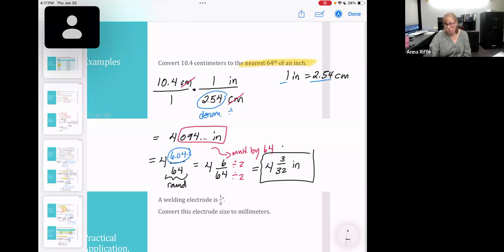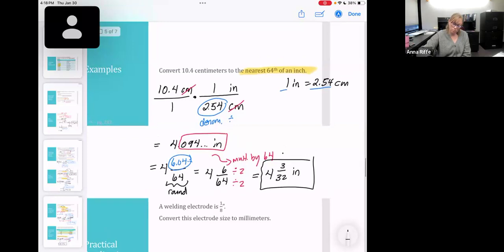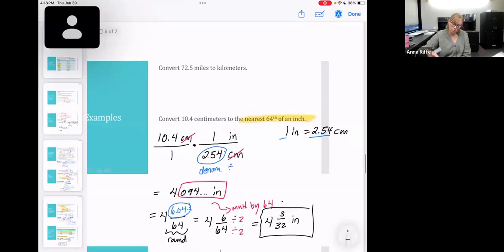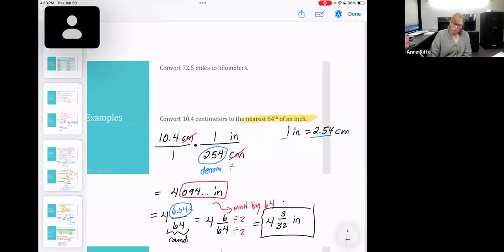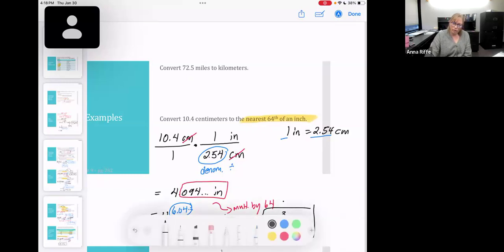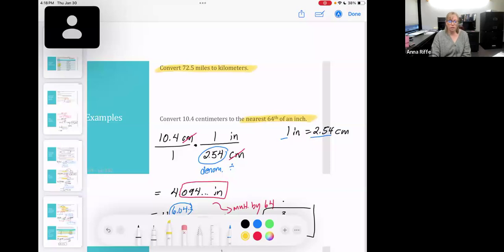Questions about that one before I let you do a problem? Okay, great. If you do have one, feel free to put it in the chat. Why don't you try this one? Take a couple of minutes, convert 72.5 miles to kilometers.